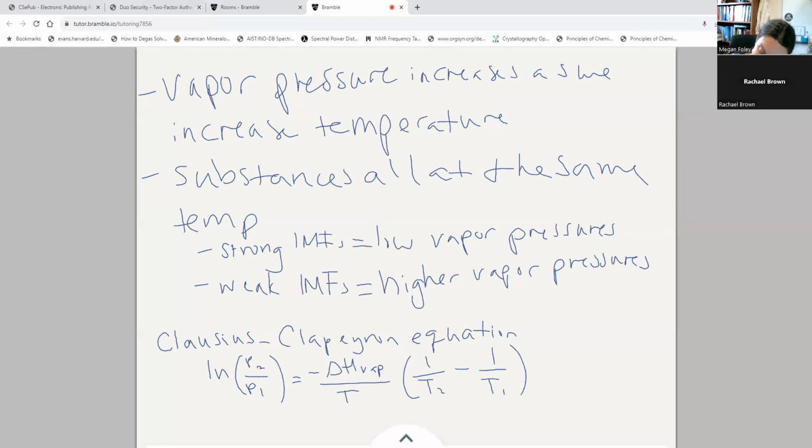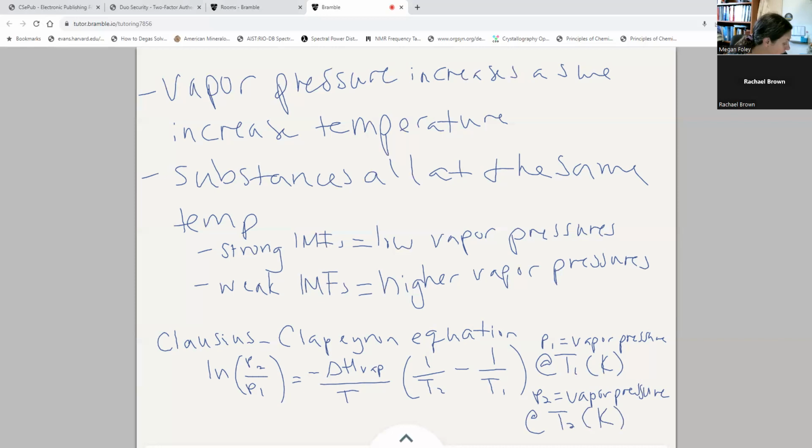P1 is our vapor pressure at T1, which is going to be in Kelvin. And then obviously P2 is going to be our vapor pressure at T2, and again, that's going to be in Kelvin.